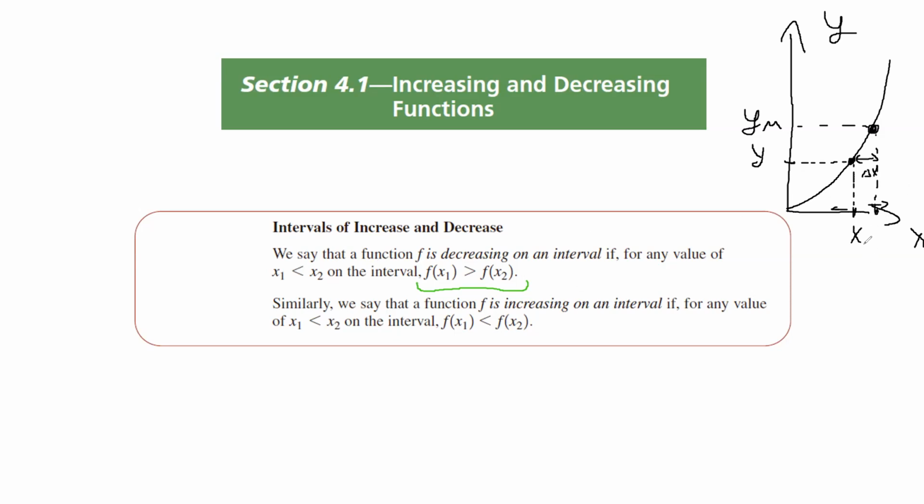So let's say the first point was x1 and the second point is x2. These would be y1 and y2 correspondingly. Does it make sense? So now we can see that x1 is less than x2. Is it true?